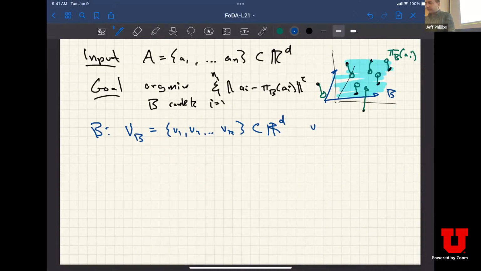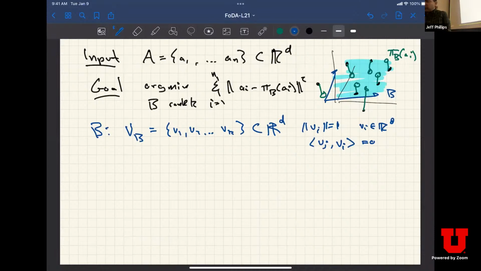Each Vi is a unit vector in R^D, and Vi dot Vj is 0. So these are orthogonal to each other, and this is how we represent this basis. Then we can give a new coordinate system in this low dimensional basis. We can think of it as a k-dimensional space.